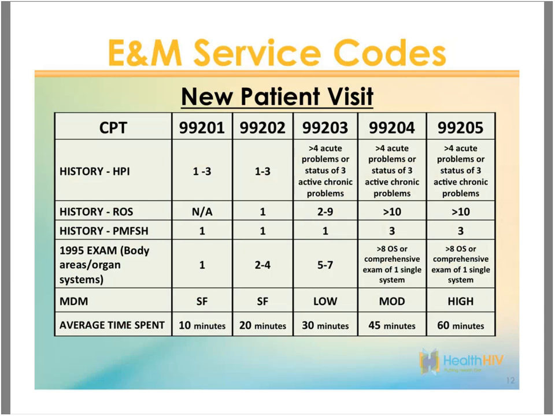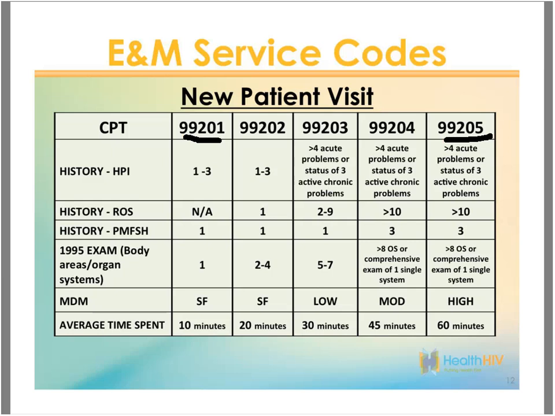So in Webinar Series 1, we discussed evaluation and management codes and modifiers. So the codes on this slide are just an overview of the codes that we discussed in installment 1. These codes are used to report new patient visits, and the code ranges are 99201 through 99205.